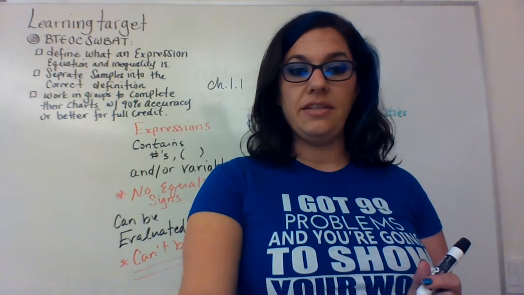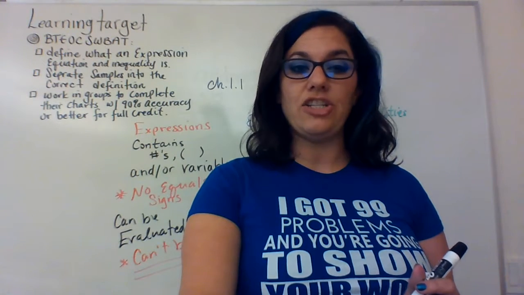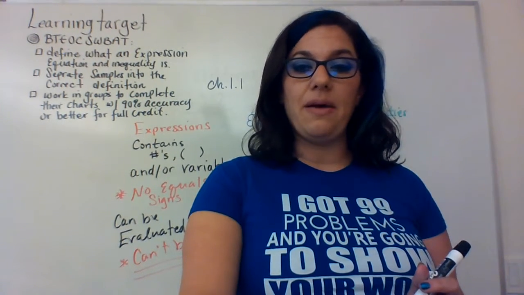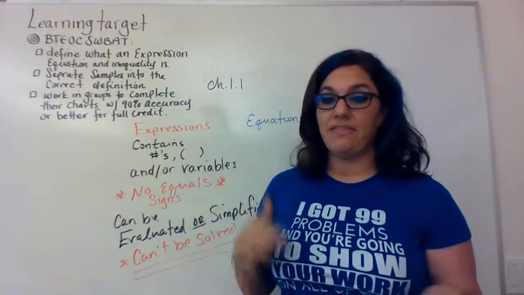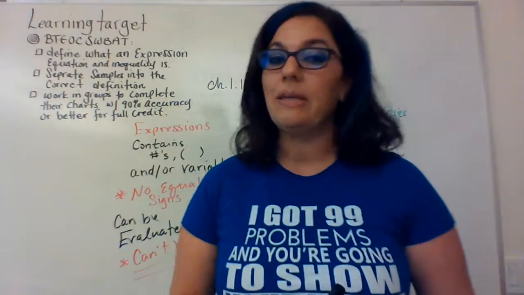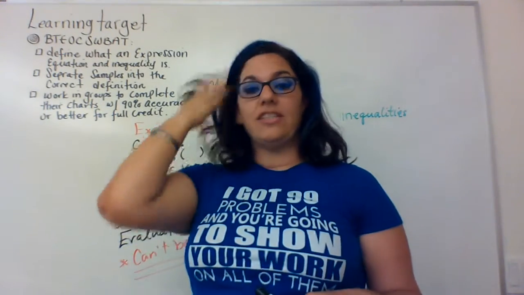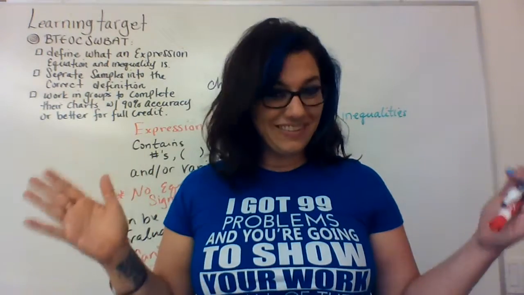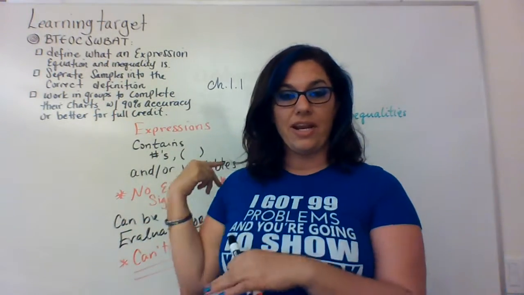So then we are going to talk about what it is to actually be an expression. And don't worry, I will come back and make sure that we get examples of everything that we need. I just want to get the definitions out of the way because board space will be limited for me. So up next is going to talk about an equation. So lo and behold, the two things that an expression is not is what an equation is.